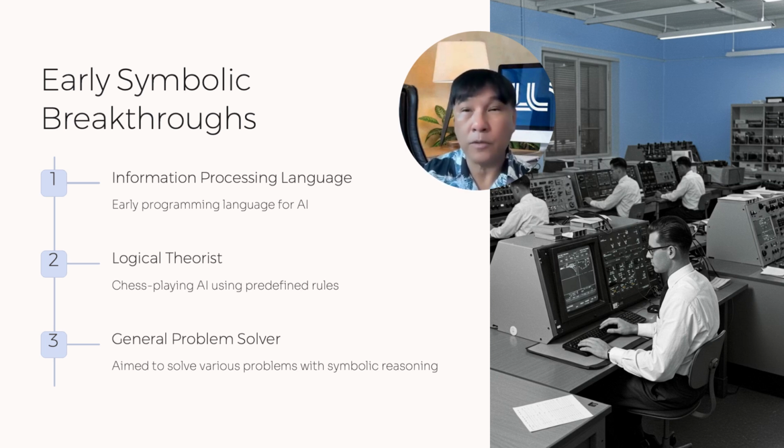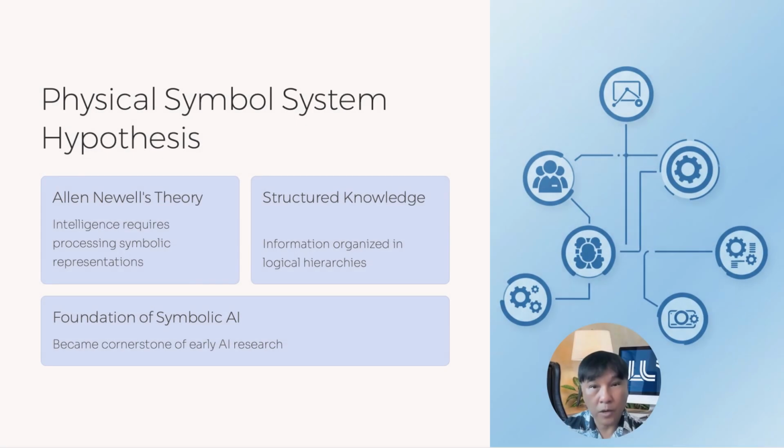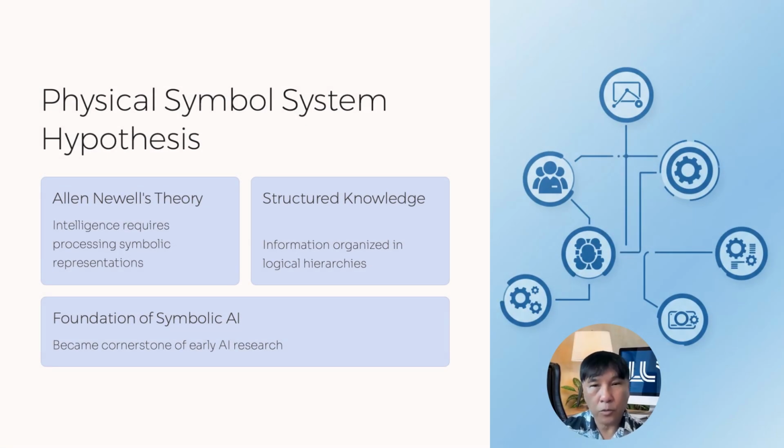The General Problem Solver, GPS, soon followed, aiming to solve a wide range of problems using symbolic reasoning. The cornerstone of this approach came with Newell's physical symbol system hypothesis, which argued that intelligence must be based on processing structured symbolic representations.